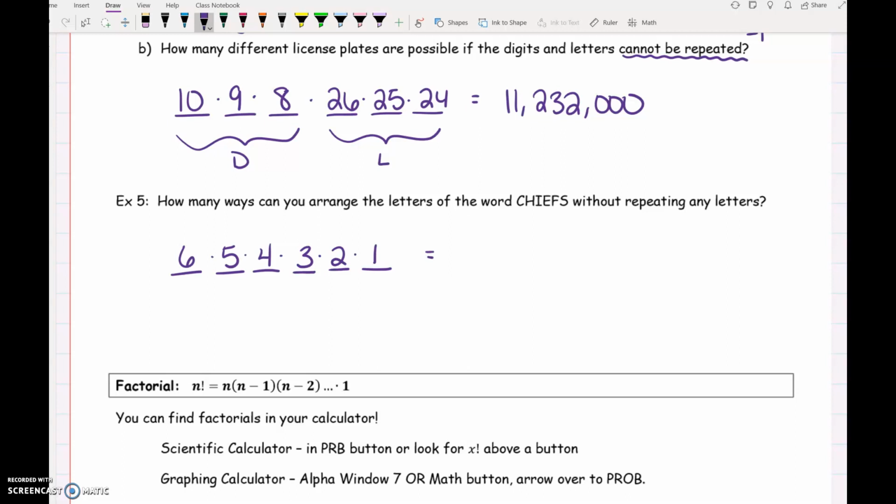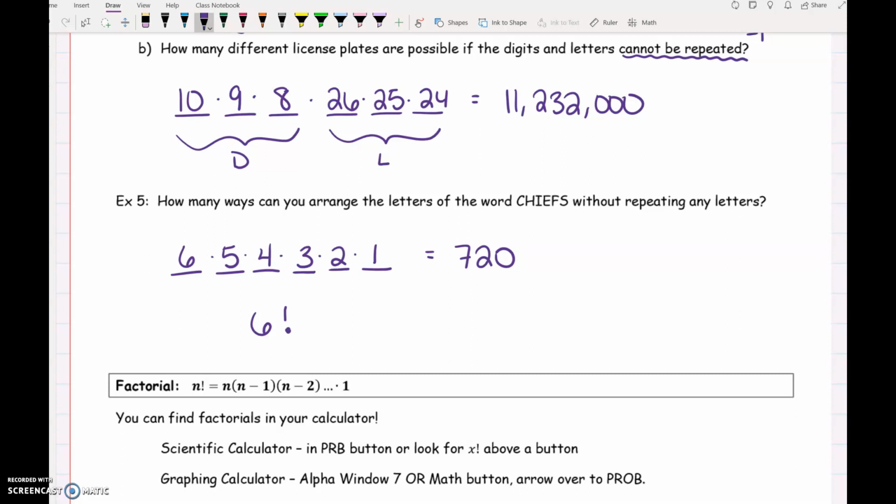Plug that into your calculator quick. 720. Now, that wasn't so bad plugging it into your calculator, but what if I gave you a 12-letter word? Wouldn't it take a while to plug that all into your calculator? This is the same as an operation called factorial. 6 times 5 times 4 times 3 times 2 times 1 is the same as 6 factorial.